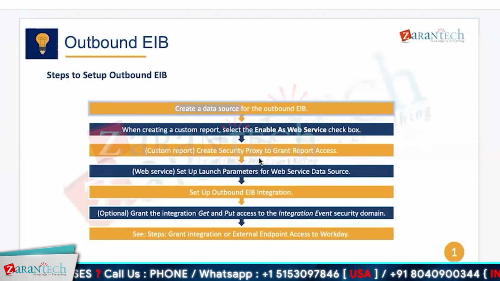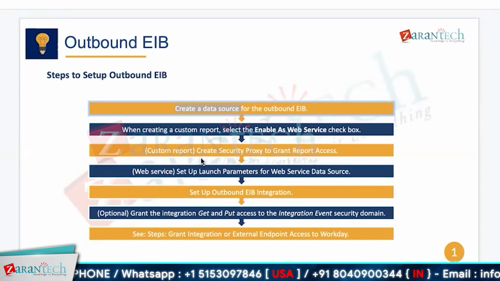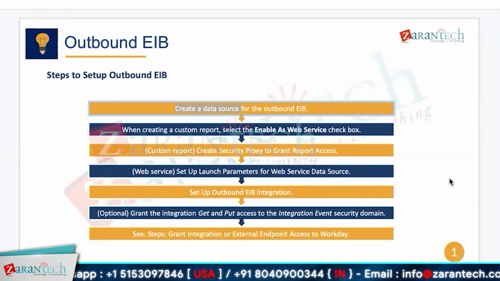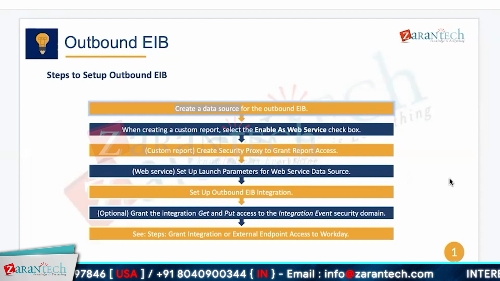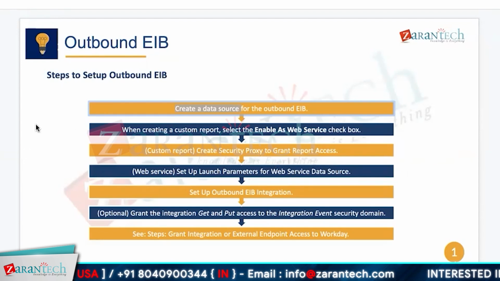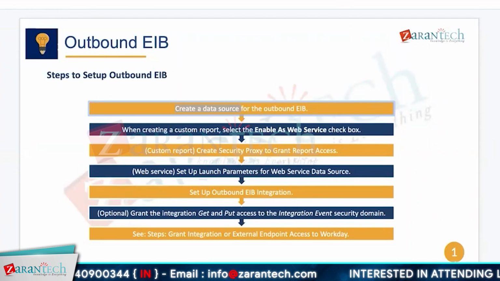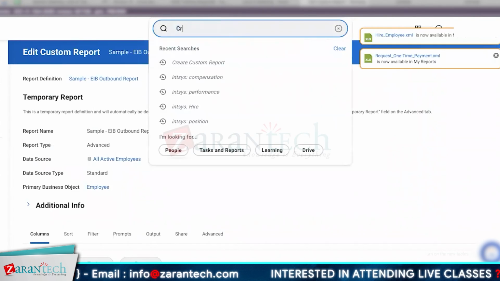Create security proxy to grant report access, which I believe we already have, because we are currently accessing the user that has super user access. And now let's see how we can create an EIB.